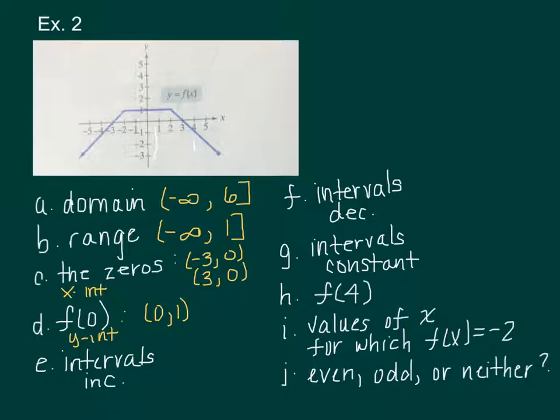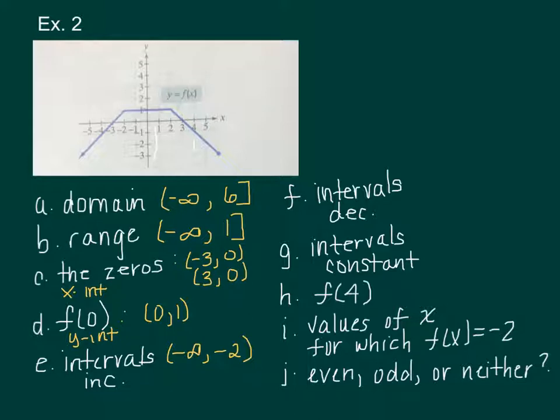The intervals where it's increasing. Remember, when you're doing increasing and decreasing or constant, you only look at the x-coordinates. So it's only increasing, and I'm going to use the yellow, from negative infinity. See that? And it stops increasing at negative 2. Okay? I'll erase that so you won't get confused.